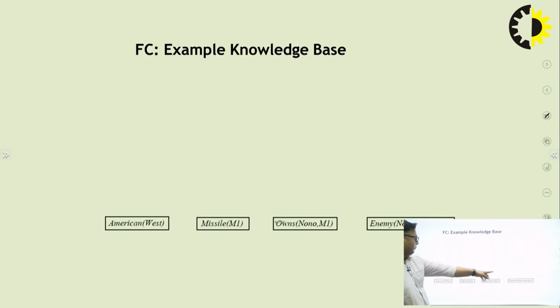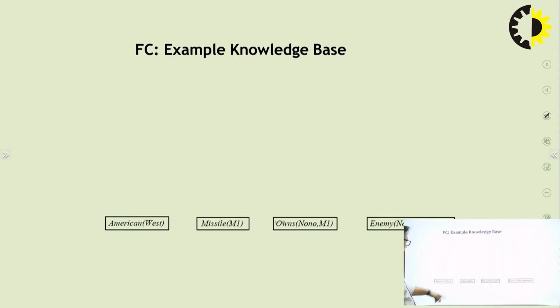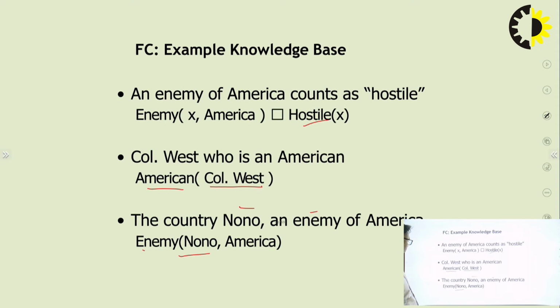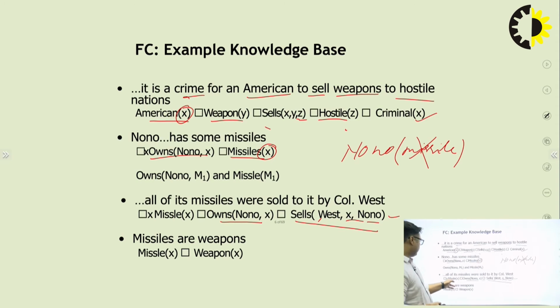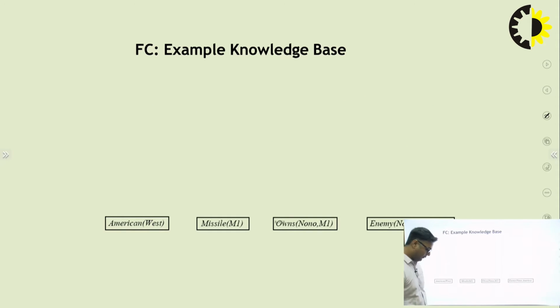So first Enemy(Nono, America), then American(West) is used, and next on the left side is Owns(Nono, M1) and Missile(X). Missiles are denoted by M1, and another is Owns(Nono, M1), because missiles are already used here. Every node is used in a graph form. After using those nodes, I have to move on to the right side of every node.